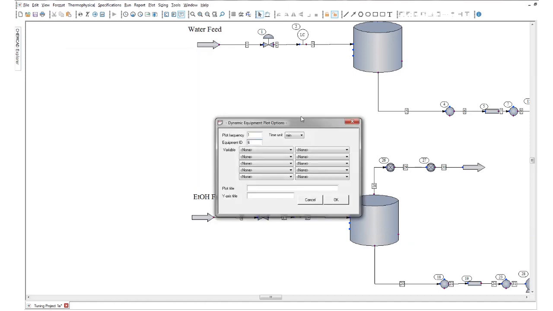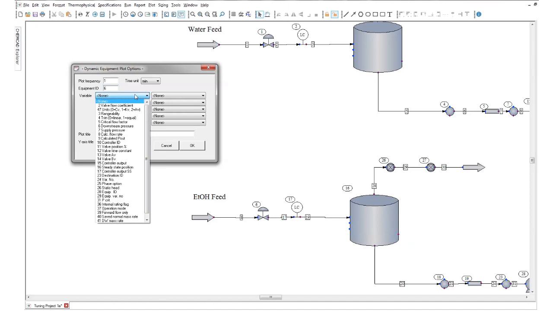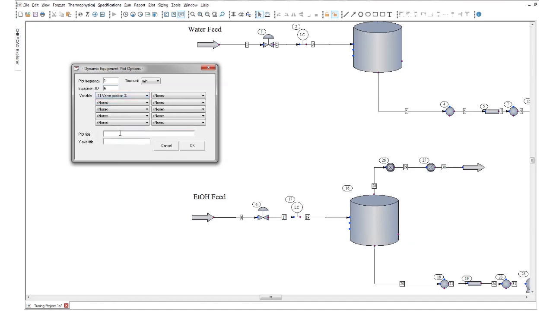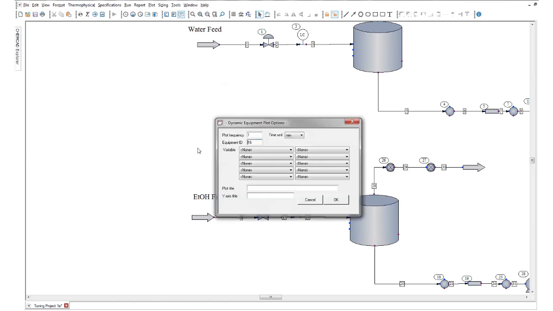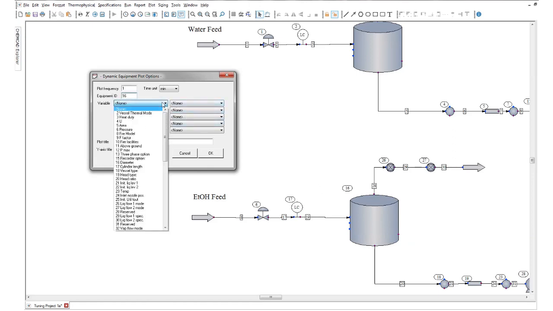When I run this, I have to tell it equipment number 6 is my control valve for ethanol, so I want to look at its valve position. Type that in and click OK. And for equipment number 16, which is my ethanol feed tank, I want to look at calculated level 1.